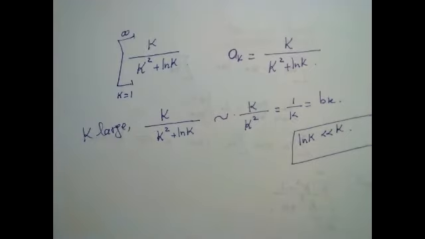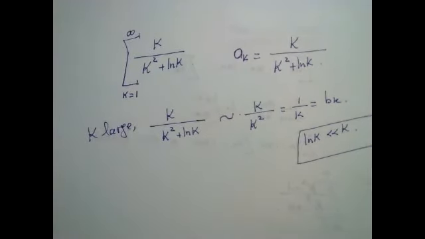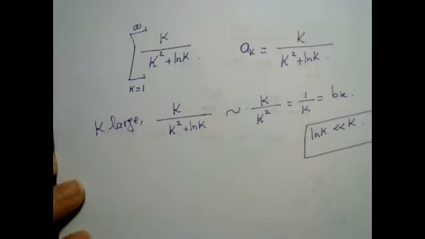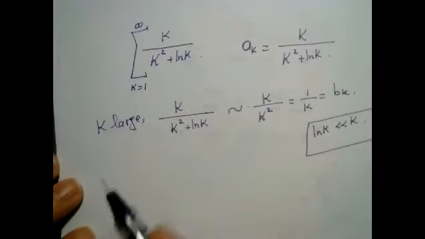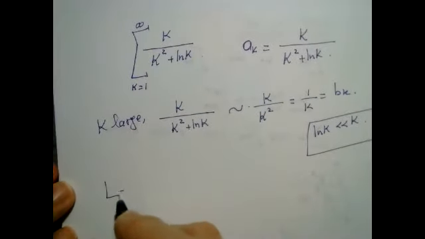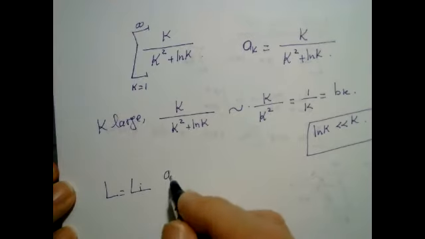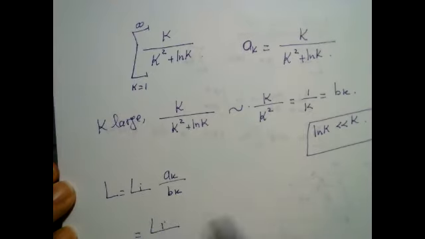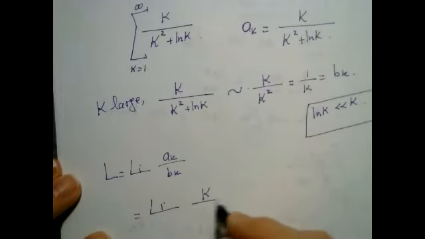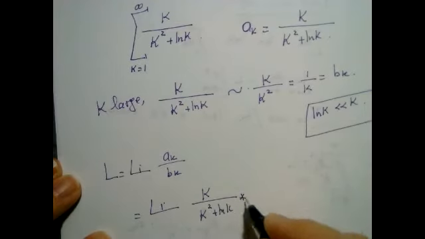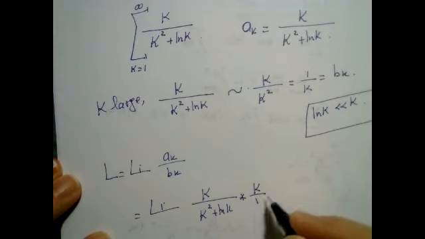It's really much smaller than k. So now the problem is done. Once you do that, even though it looks kind of mean and complicated, you're done. Now if you compute the limit of a_k over b_k, as we've done several times, you will have k over k squared plus ln of k times k over 1.